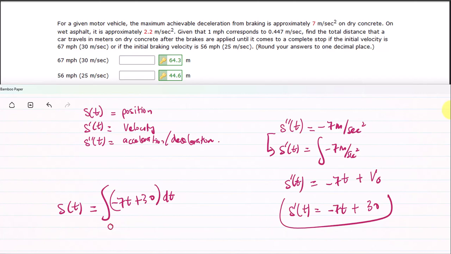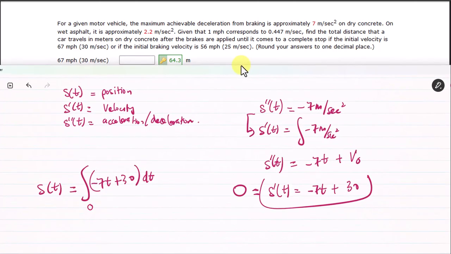If we want the velocity to come to a complete stop, we have to set the velocity equal to 0 and see what time makes it 0. So s prime of t is your velocity. Set it equal to 0, then add 7t to both sides, and divide both sides by 7.